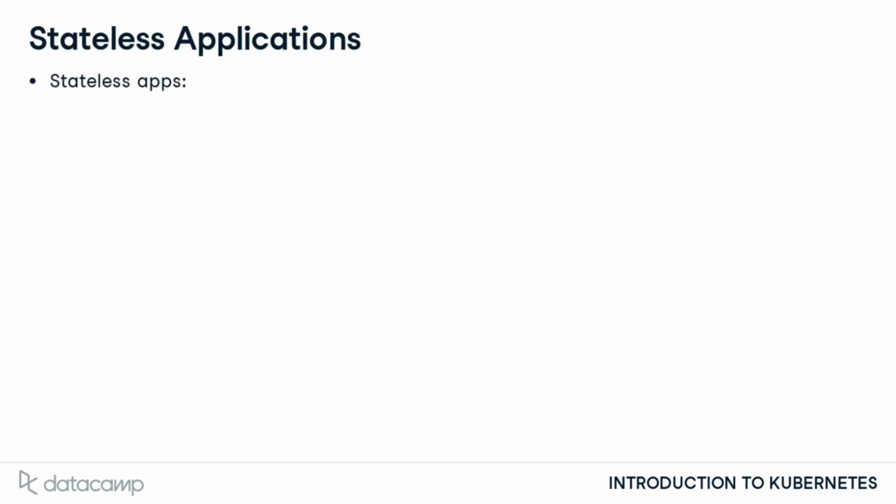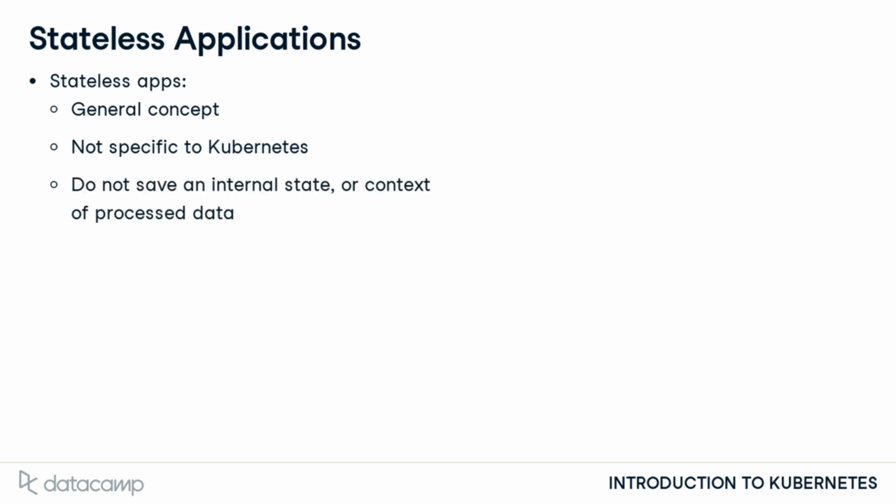Let us explore how we deploy our first application in Kubernetes, specifically a stateless application. Stateless applications are a general concept and not specific to Kubernetes, but they fit ideally into Kubernetes architecture. Stateless applications do not save any internal state or context of processed data.